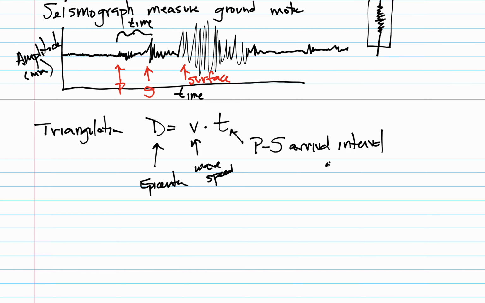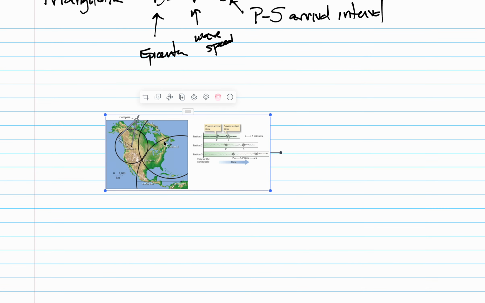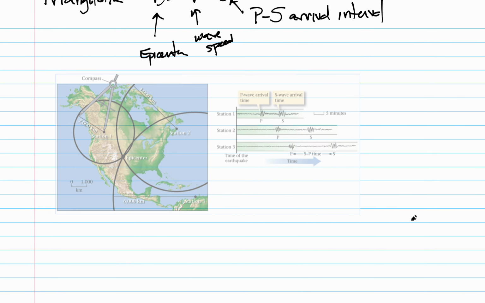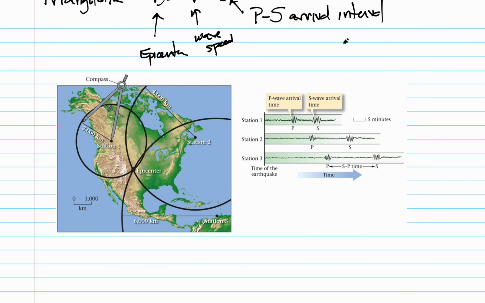And what that looks like would be a mathematical or a geographic thing set up that looks like this, where with one seismograph, all right, here's the arrival distance in one seismograph. What is that? That's station number 1. Using that amount of difference in time, we got a distance here of 2,000 kilometers.